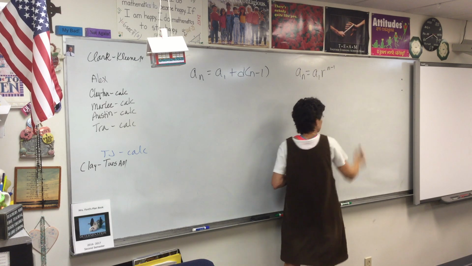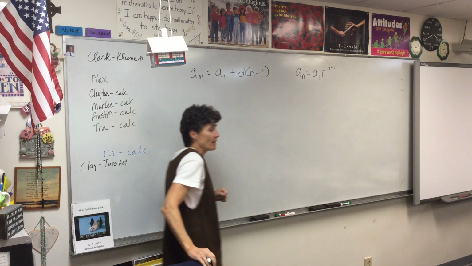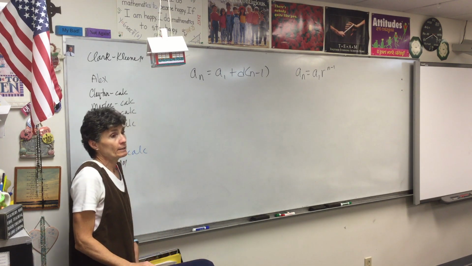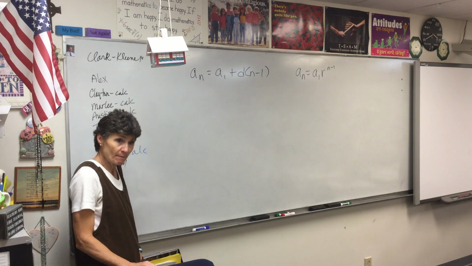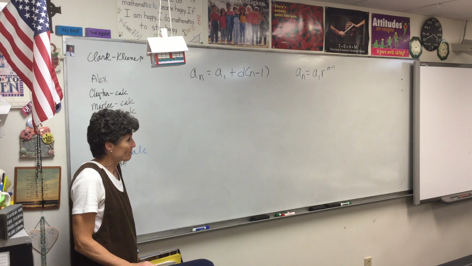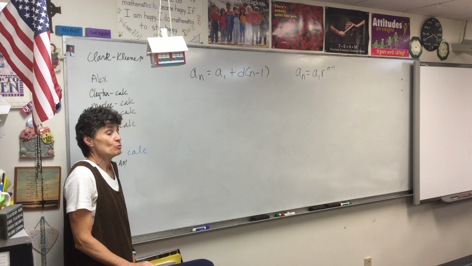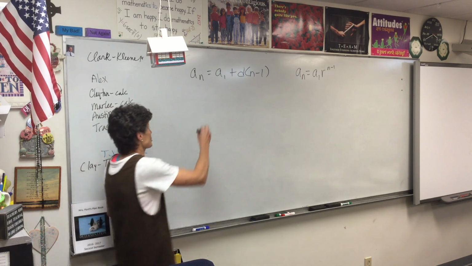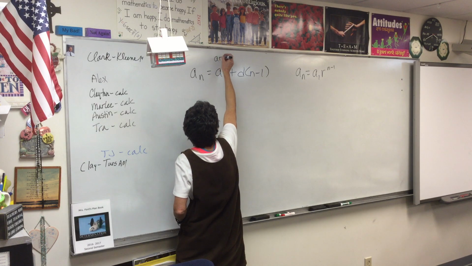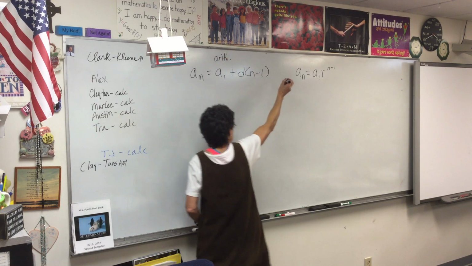You do not have to memorize these. They will be given to you on the quiz, the quest, and the exam. So you're not responsible for memorizing them, but you do need to know which one goes with which. So this is your arithmetic, and this is your geometric.